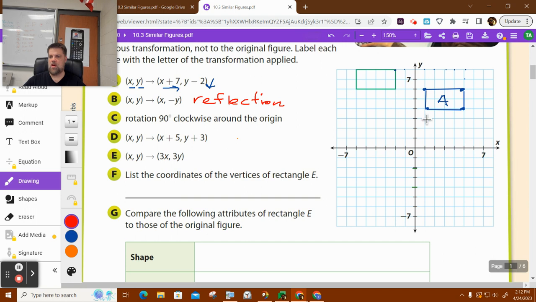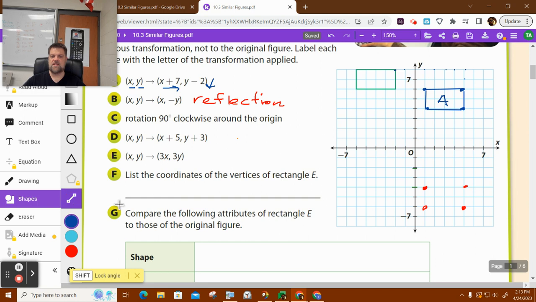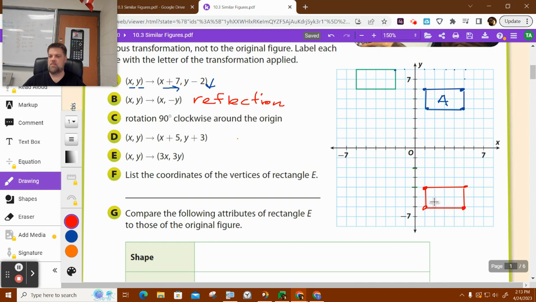So if I count 1, 2, 3, 4, I'm going to go 1, 2, 3, 4 in the opposite direction. Now if I do that with all of these, it's the mirror image across the x-axis. So we reflect it across the x-axis like this. And so that is step B.